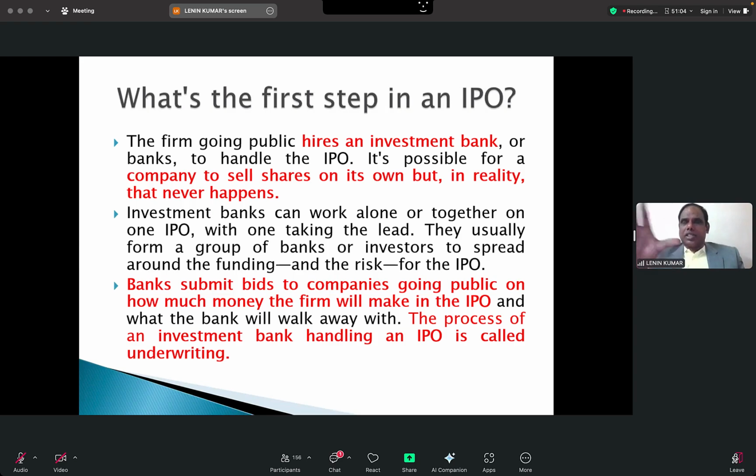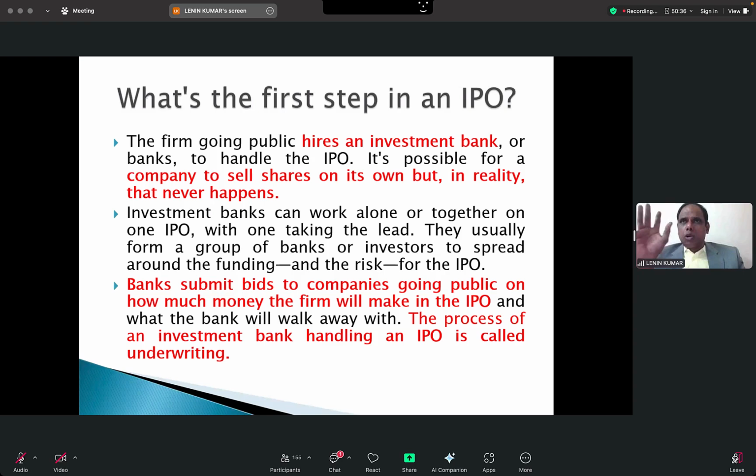Right, so what is the first step? If Lulu decided to go for an IPO, listen very carefully. I told you it is going to be like a story only. The process alone, you want to be very clear. First thing, Lulu wants to identify a bank. Without a bank's support, it is not possible for any company to go for an IPO.